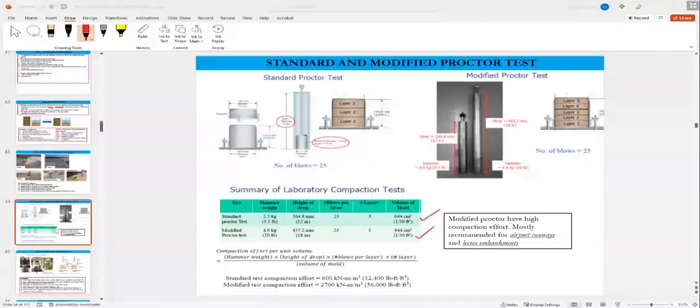So there would be a higher density, the higher would be the maximum dry density. So my target is to be higher. That means if I have to work on material, I'll be using very high compactive efforts, giving it a lot of passes to reach the target.